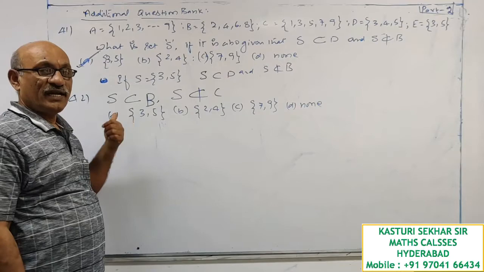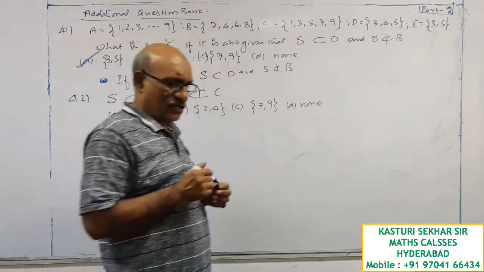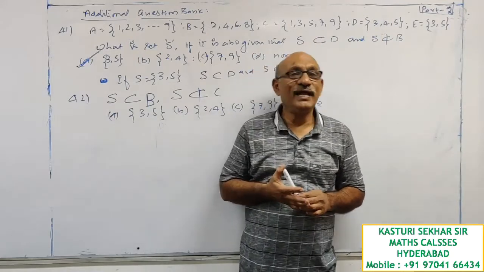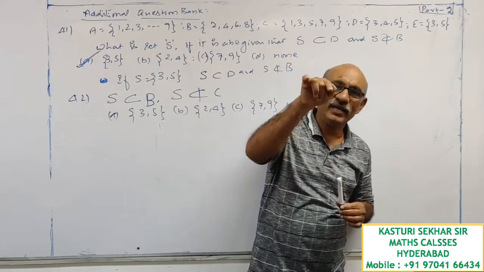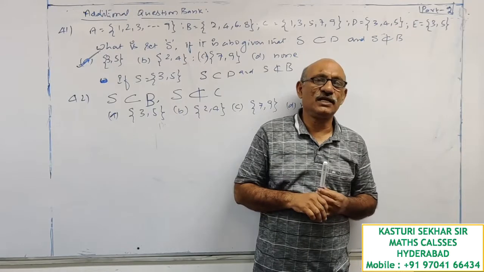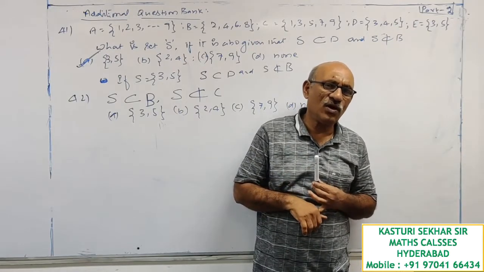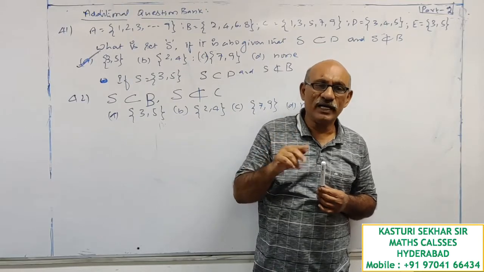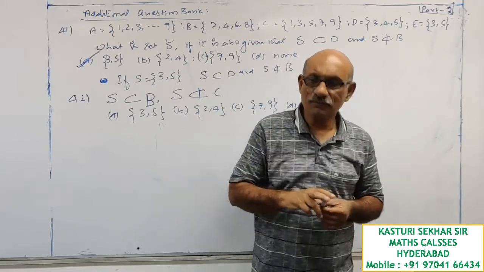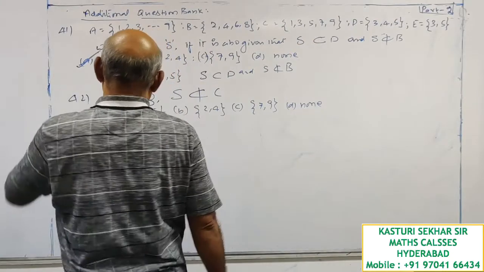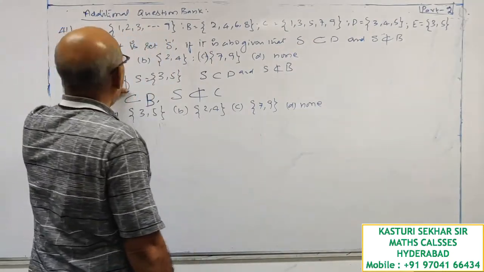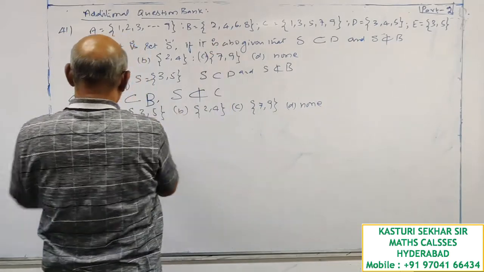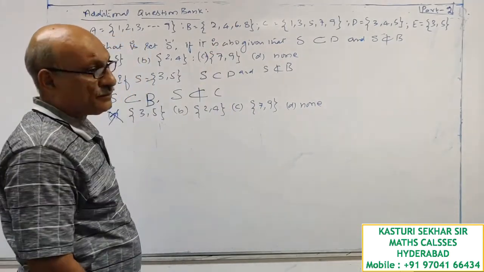What is the first condition? Whatever elements the subset S has, they should be in B. That is the first condition. The second condition is: elements of set S are not in set C. Take {3, 5}: 3 is not in set B, so option A is the wrong answer.